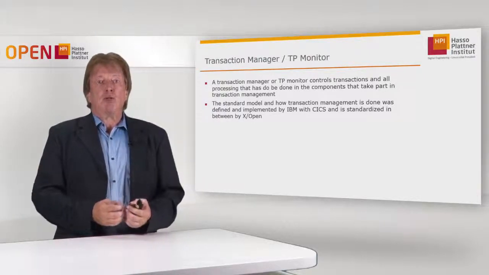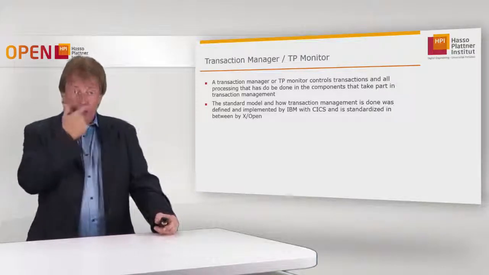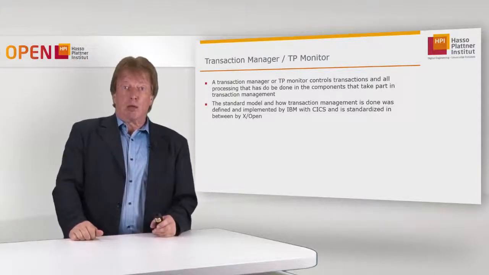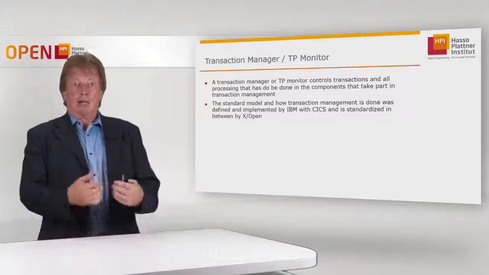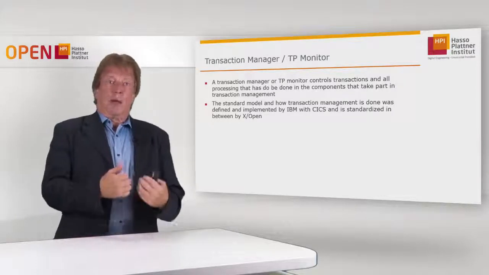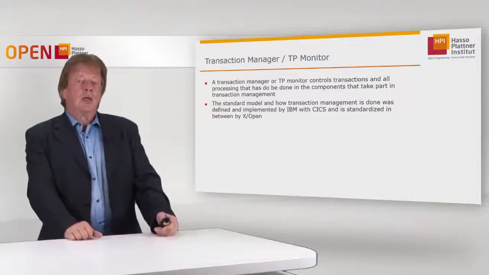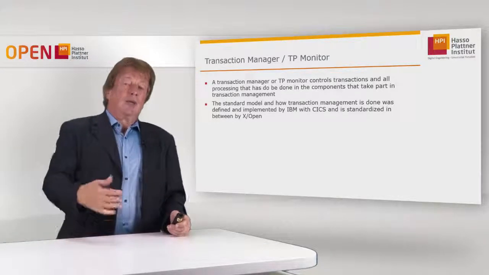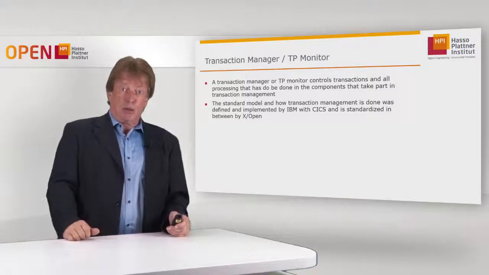A transaction manager or TP monitor controls transactions and all processing that has to be done in such an environment, and all the components that are included in this transaction processing are controlled by a transaction manager, and it has much more functionality than the transaction characteristics that are built with TP Lite into database management environments.